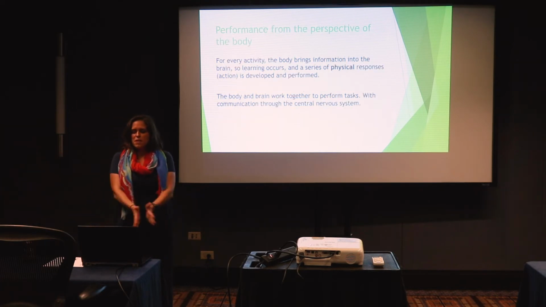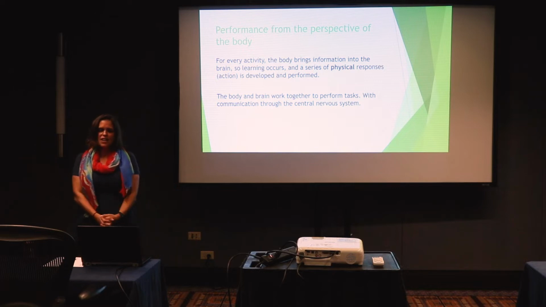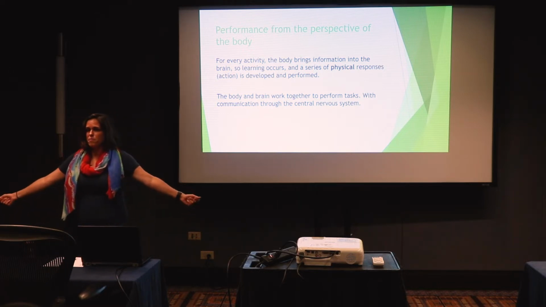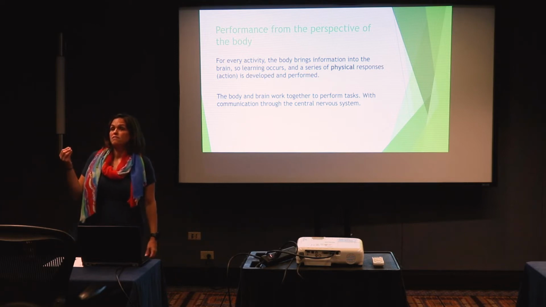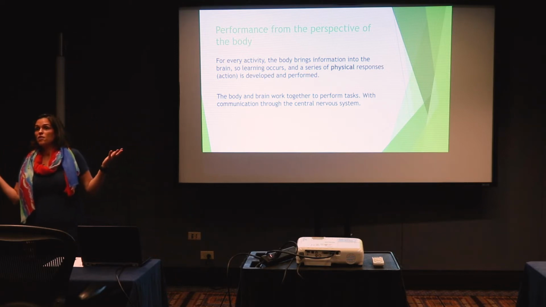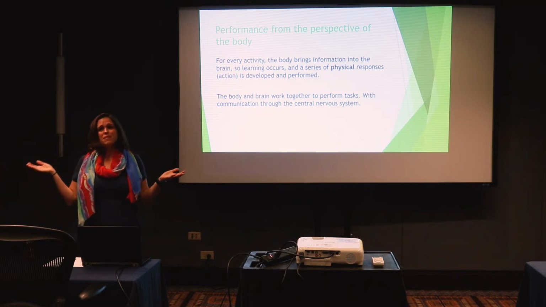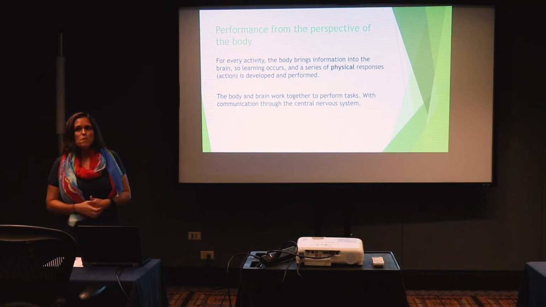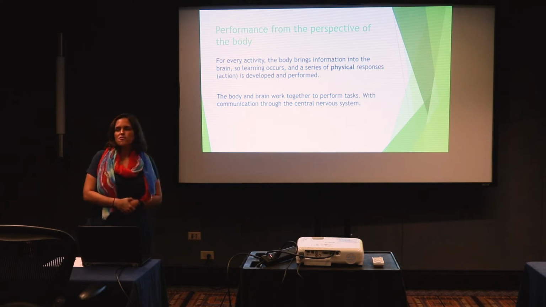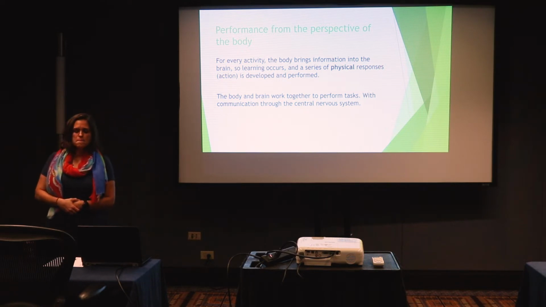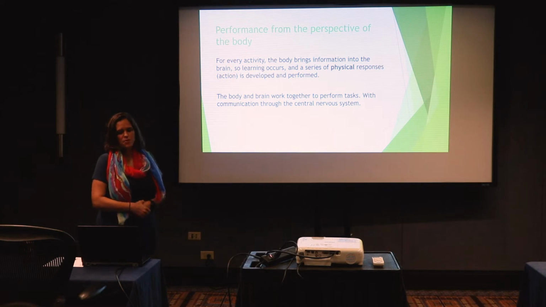So let's talk about it from the body. For every activity, the body takes in information from our senses. Our vision, what we're hearing around us, what we're smelling. That one typically doesn't tell us too much. But what really tells us a lot are the three senses a lot of people don't think about, and we're going to talk about those.